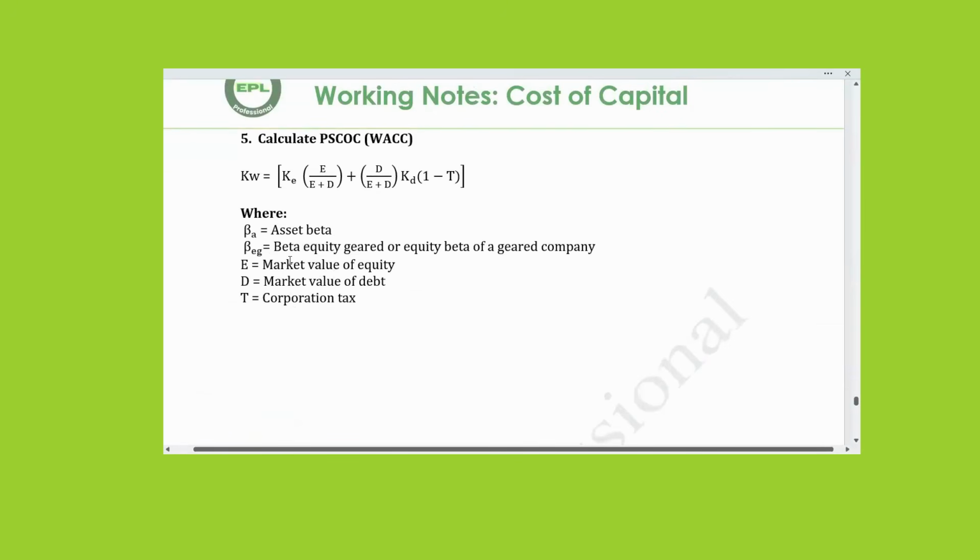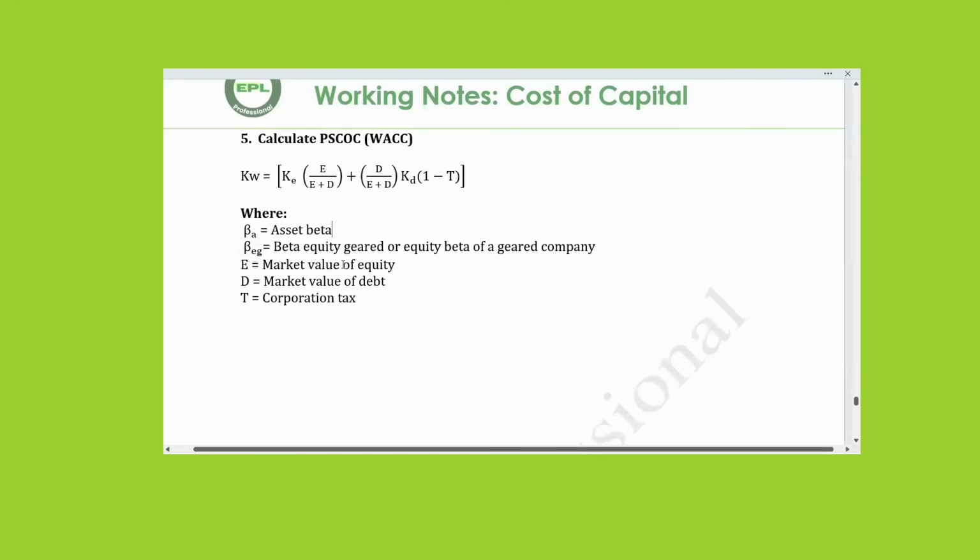So at this point we can then have an illustration, but let me complete this information here. BA is asset beta, BEG is beta equity of a geared company.